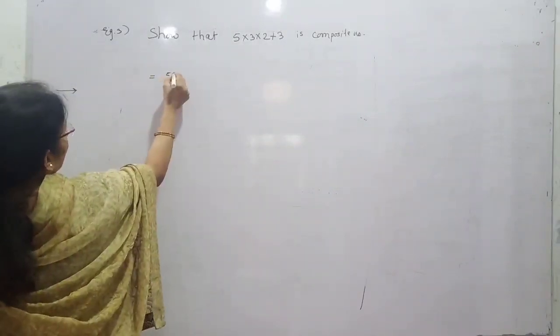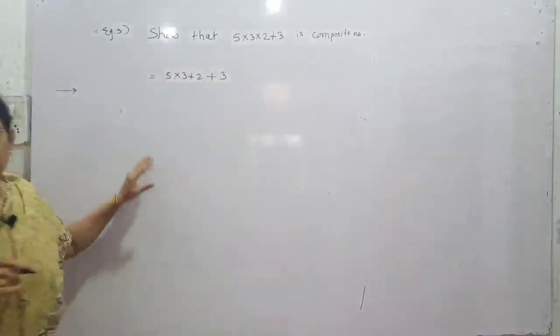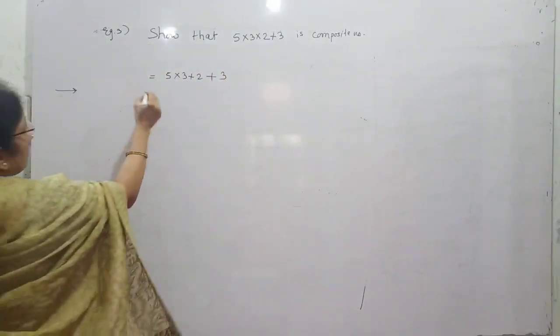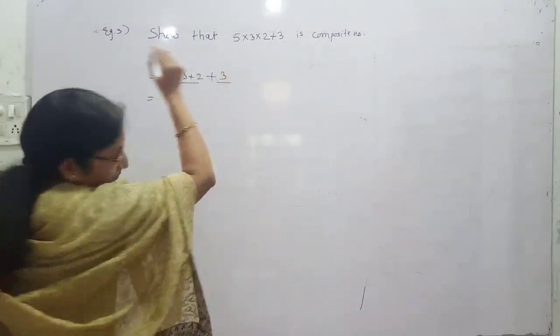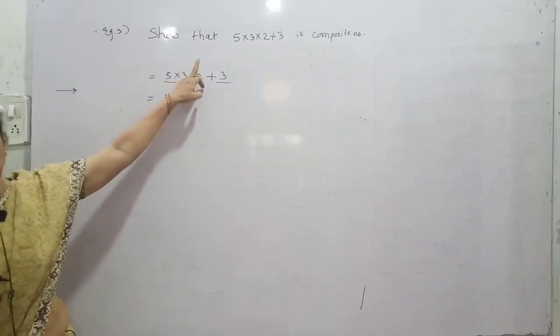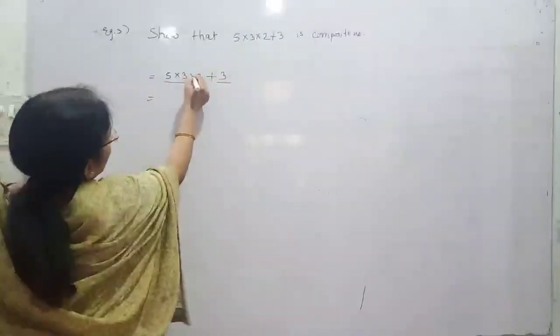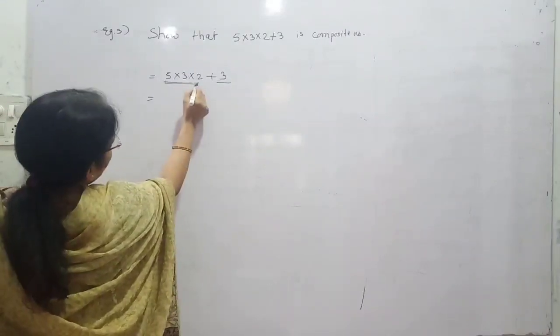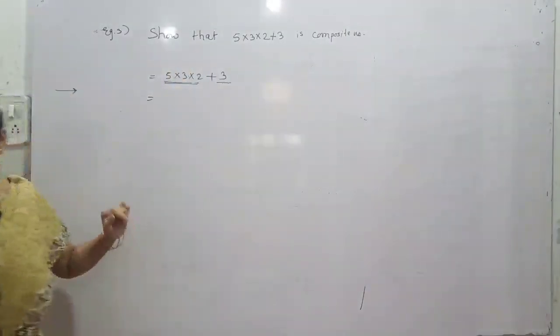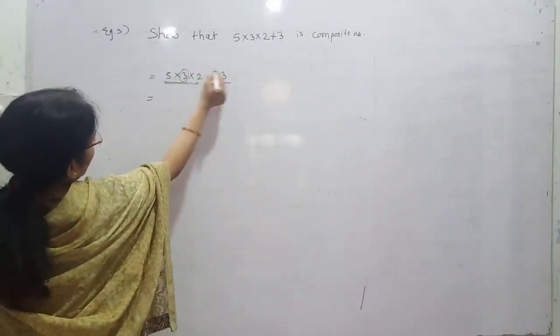The number is 5 into 3 into 2 plus 3. Now there are two terms. Terms are separated by plus and minus. This is the first term and this is the second. Now in both terms 3 is common.